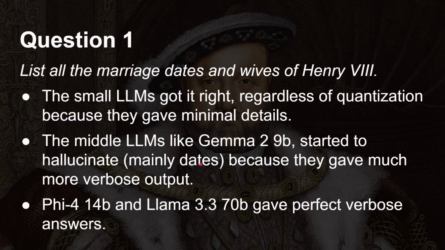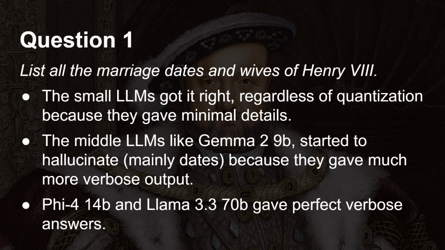But Phi 4 at 14 billion and Llama 3.3 at 70 billion, 4-bit, both gave perfect verbose answers with all those extra details about why and who and where, and it was all correct. So you can see that the smaller LLMs worked well when they didn't have to give out much output, because they didn't give themselves much chance to hallucinate. The middle-sized ones started to hallucinate a little bit.